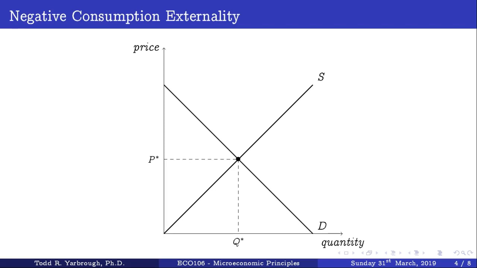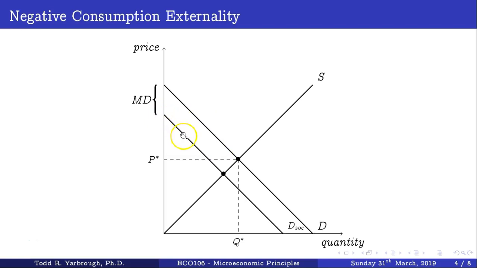Now, the other form of negative externality is a negative consumption externality. This means that the damage is coming from consumers. Again, we can show this easily in supply and demand, and this is just a downward shift of the demand curve. Again, what we want to do is recognize the damage that's being created by the consumption of the good.